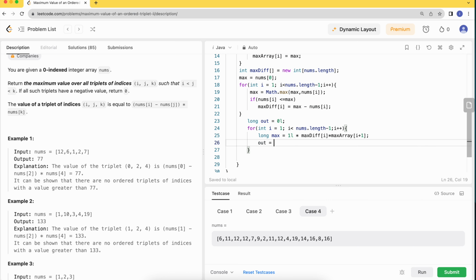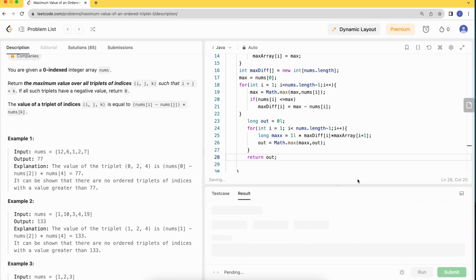So my out will be the Math.max of max and this out, let's call it max, and then we can just return out. So that is the overall maximum for each triplet.